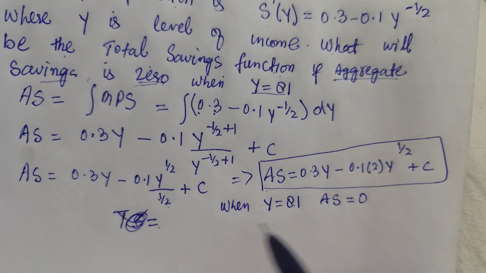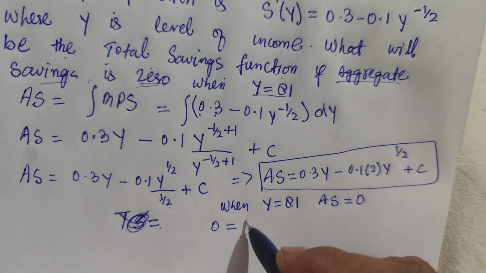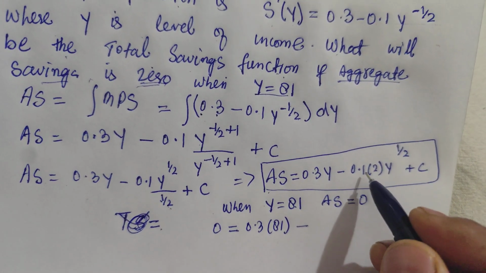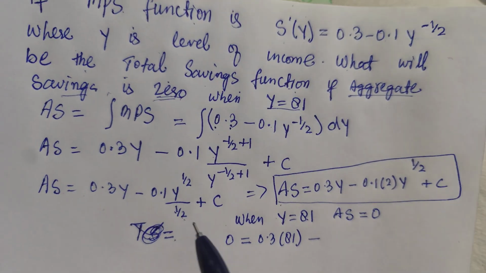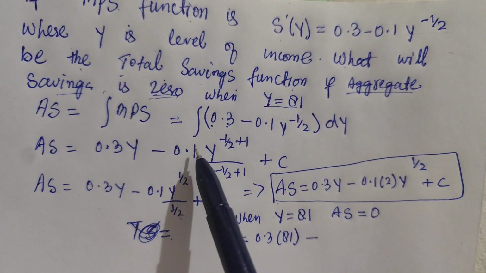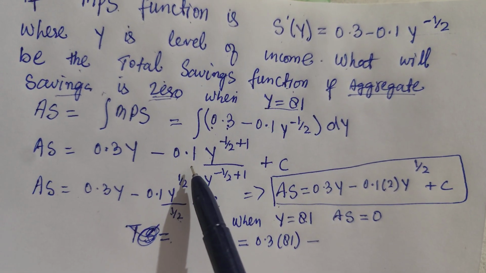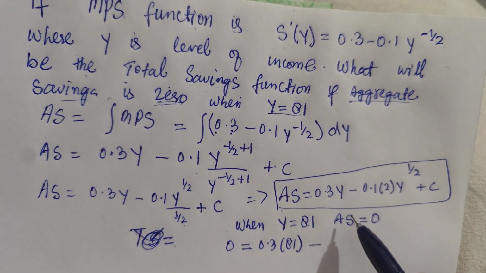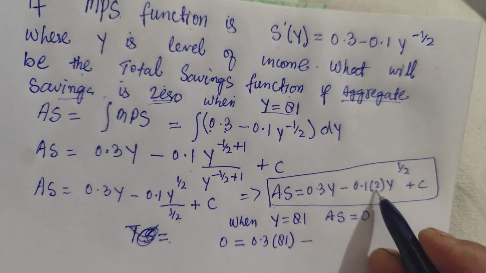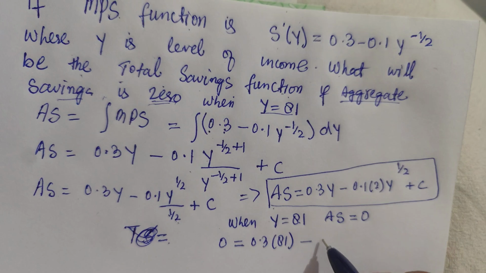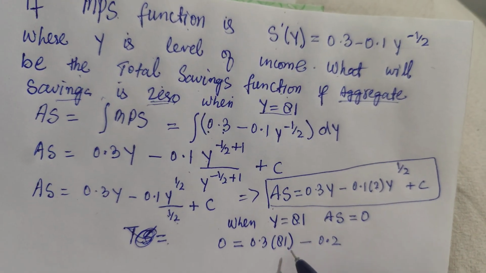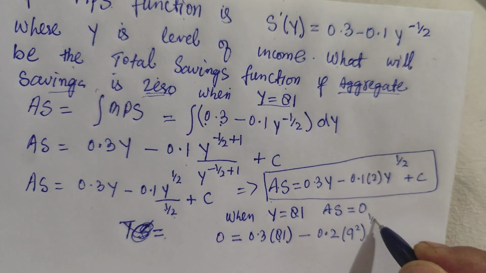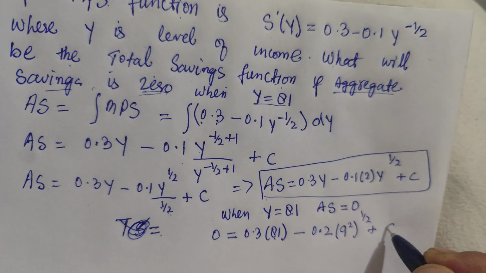In place of AS we have 0, equal to 0.3 times 81 minus 0.2 times, in place of 81, the square root of 81, which is 9, plus the constant of integration.